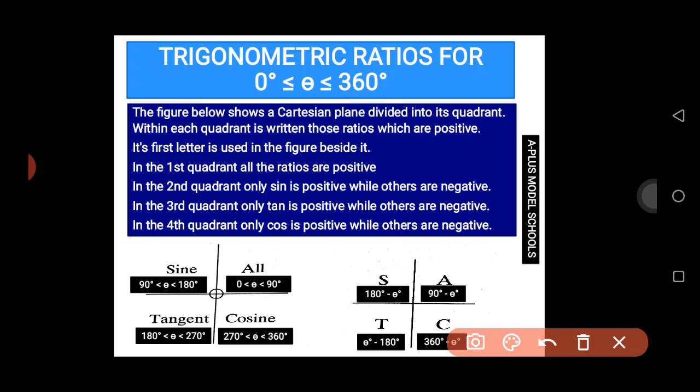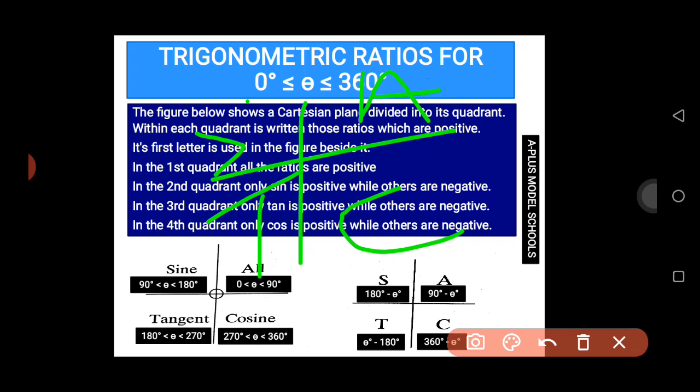But don't be mistaken. If you put another trig ratio in another quadrant, you have already missed the whole question. So you must look for a way to know one of these, either ACTS or CAST.